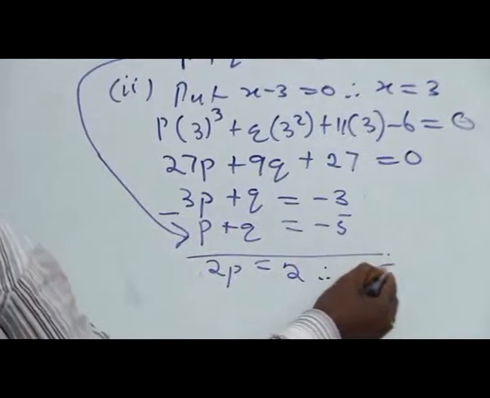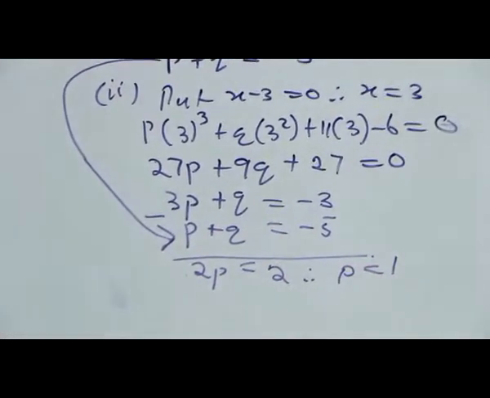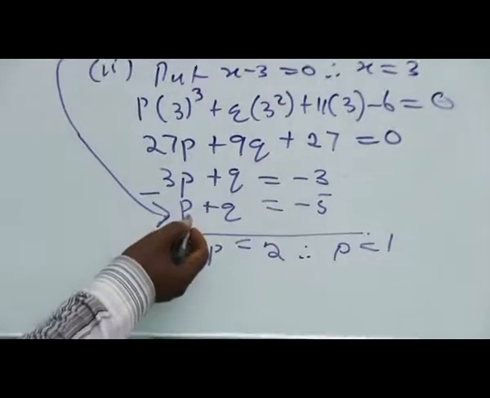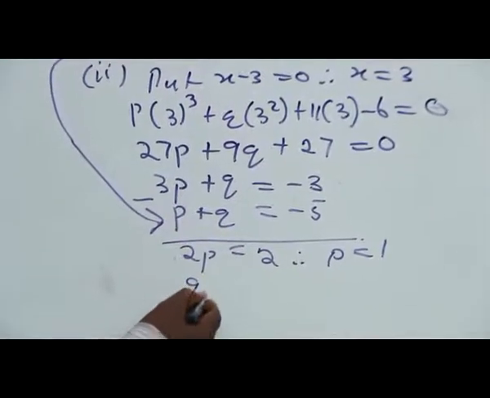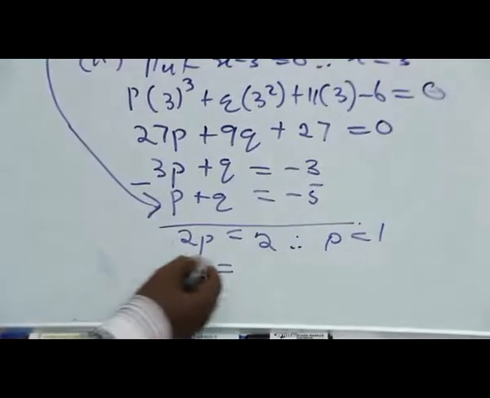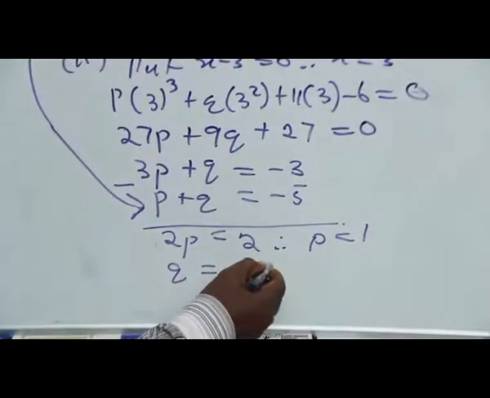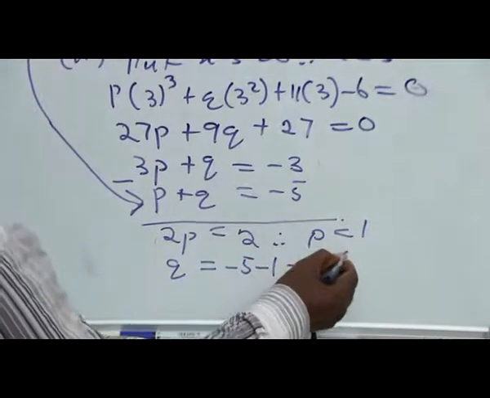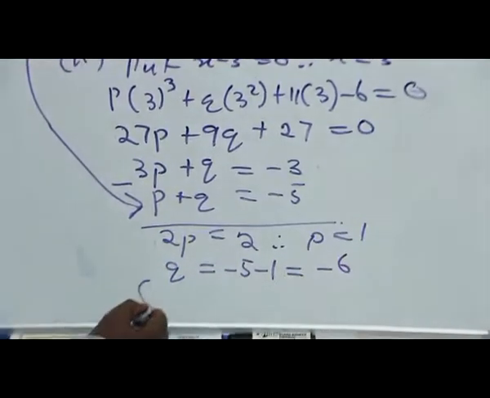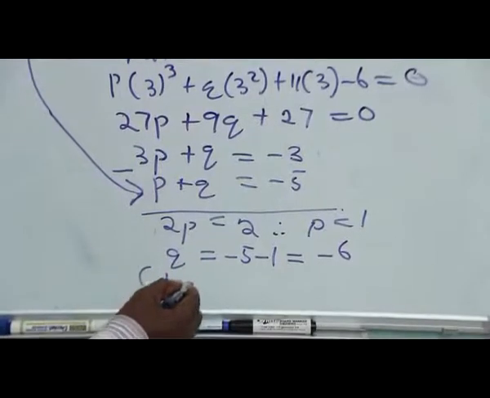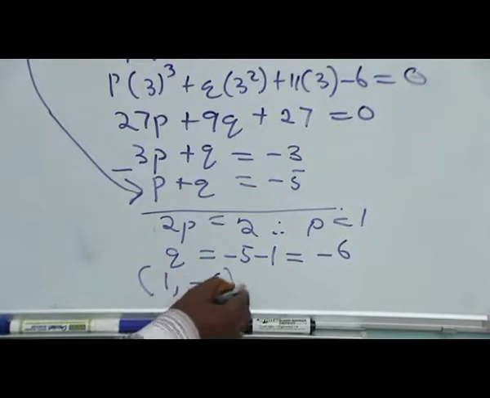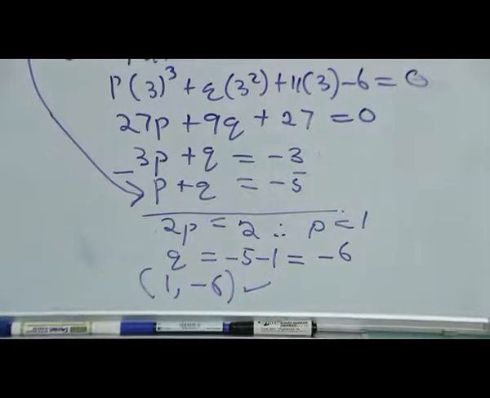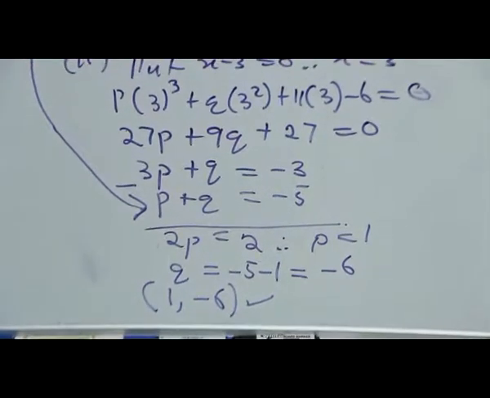Therefore p is equal to 1. You can now substitute to get the value of q. In the first equation, q is equal to minus 5 minus p, which is minus 5 minus 1, and the answer is minus 6. So our answers are p is 1 and q is minus 6. That gives you the solution to the problem.